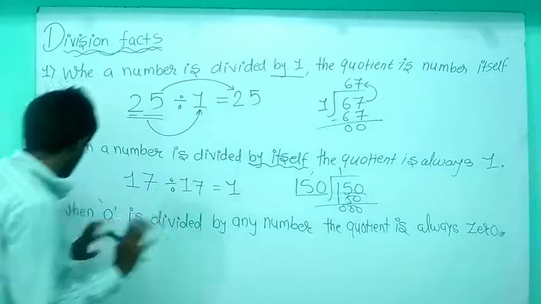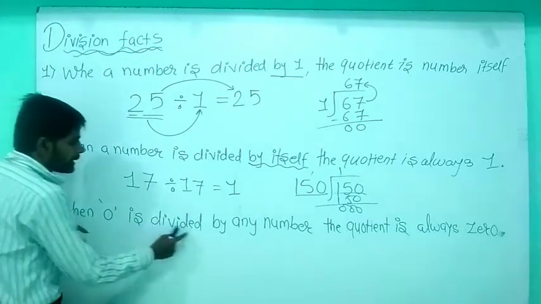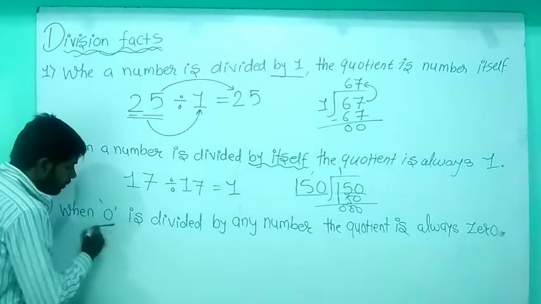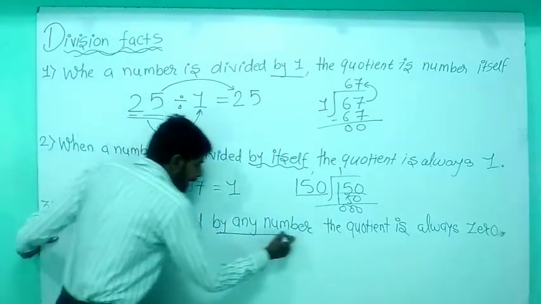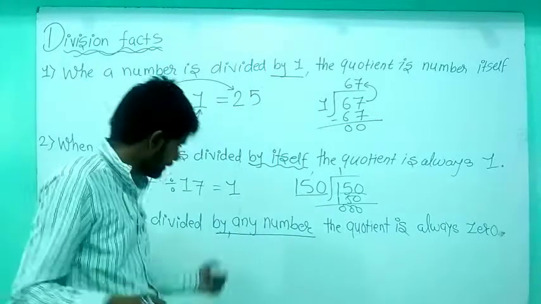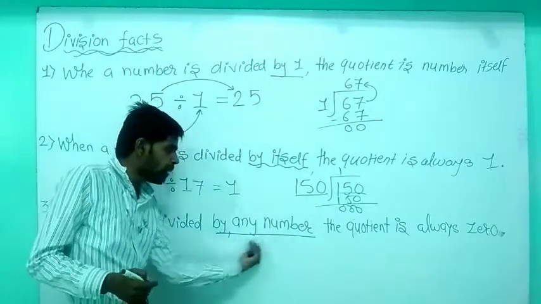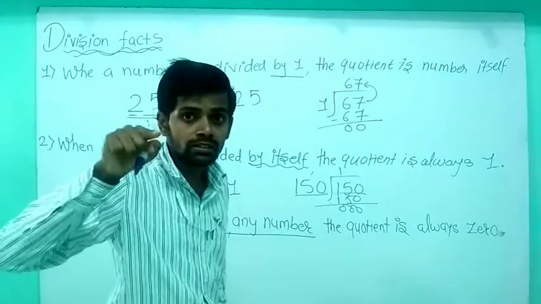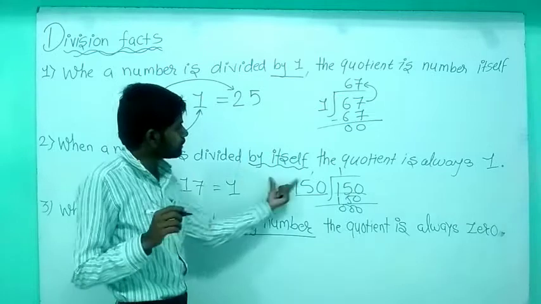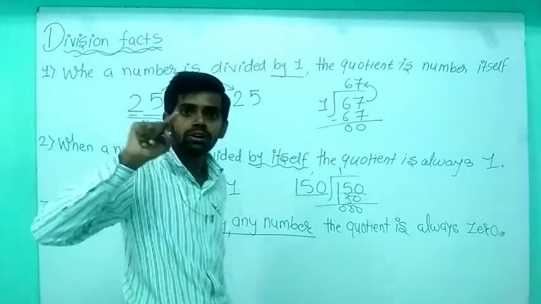So look carefully: when a zero is divided by any number, listen carefully, zero is divided by any number. Whatever comes after "by", whatever is attached to "by", is your divisor. Write it attached to "by". Whatever number you have written after "by" is always your divisor.